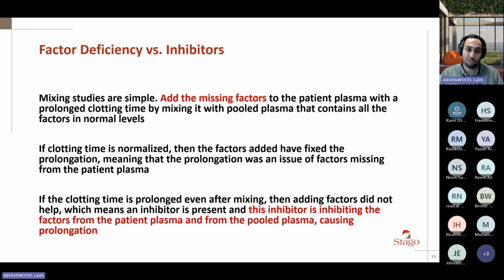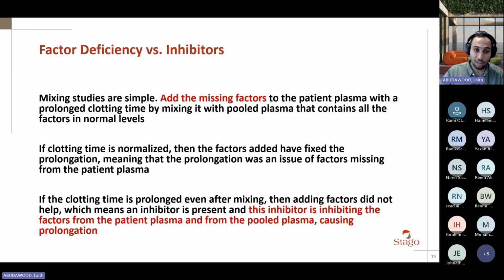I mix the patient plasma with something called pooled normal plasma. The pooled normal plasma has normal levels of factors. So when I mix it with my patient plasma, the missing factors are given from the pooled plasma. So now if I really have a problem with factor levels, the factor levels are restored by giving the pooled plasma. My mixing results should be back to normal.